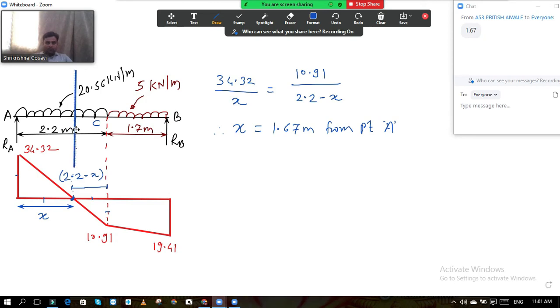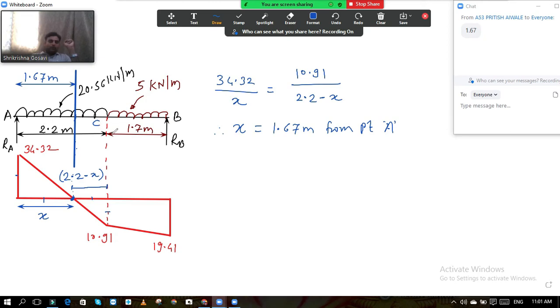This is our now section line. Okay. This is the section line, and you know that this distance just now we have calculated is 1.67 meter. So here at this point we will get the maximum bending moment. Okay. So now after taking the section, either you can consider left hand side or you can go for the right hand side. Okay. So we will go with the left hand side because on the left hand side only the vertical reaction RA is there and UDL is there.